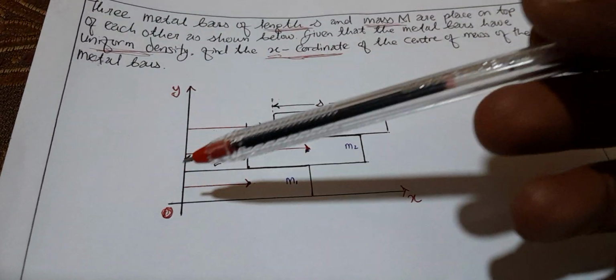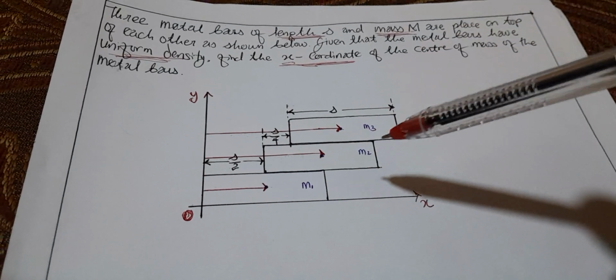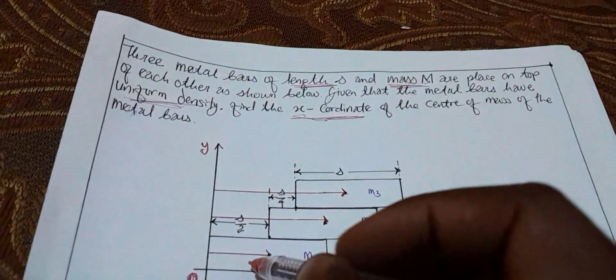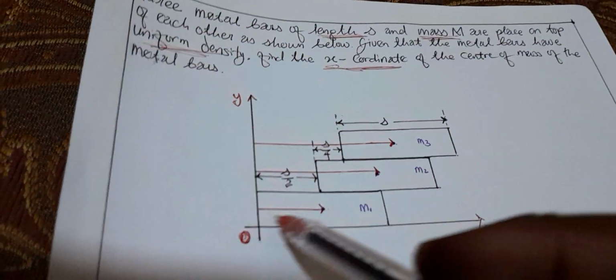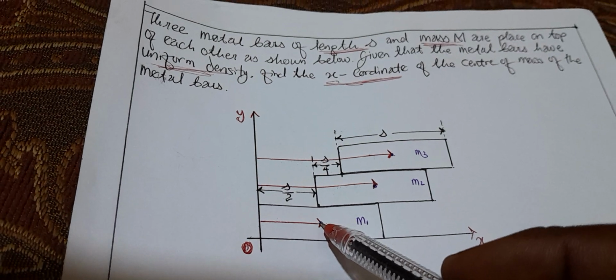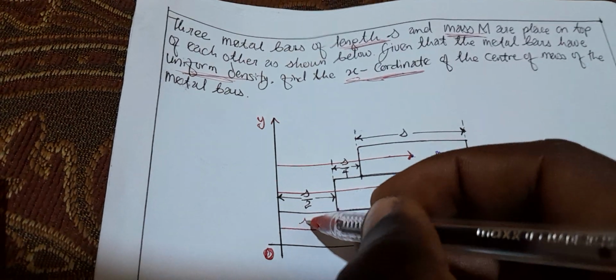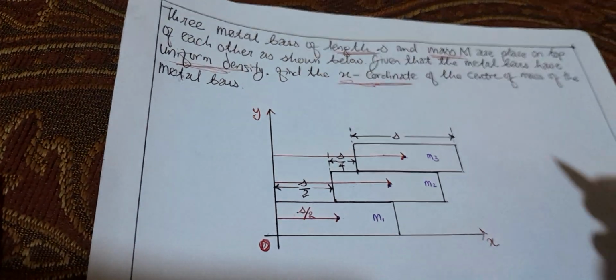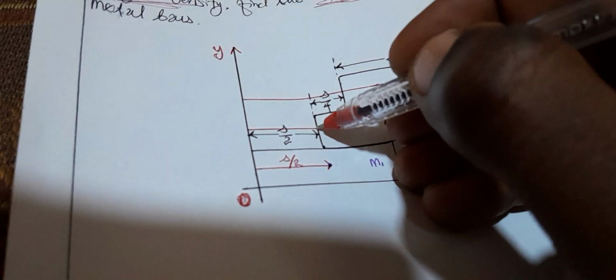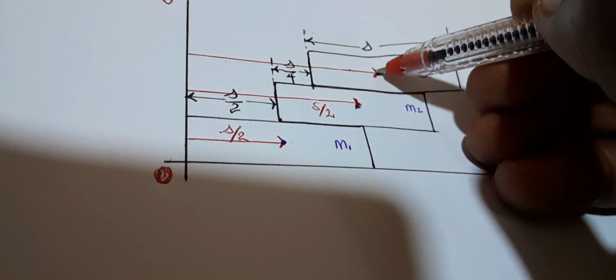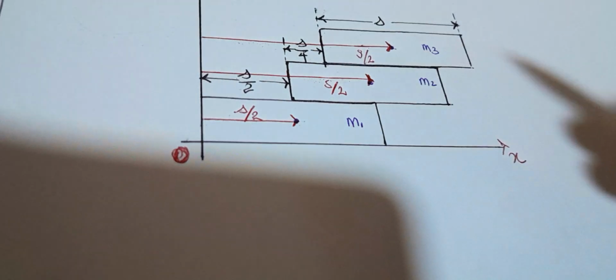I drew a line from the origin to those assumed centers of mass. From the origin to the center, and we know the length of the bar is S, so this should be S over 2. The distance from here to this point should be S over 2, and from this point to this point should also be S over 2.